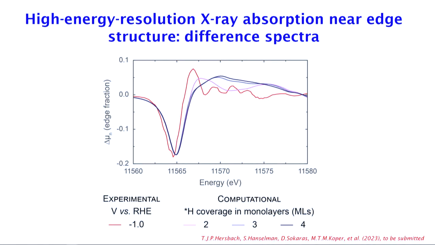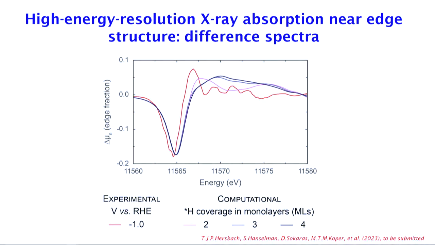And the spectra that he obtains, he can now compare to theoretically calculated XANES spectra of the platinum L3 edge. And I just wanted to show you here the different spectra that we calculate. So this is a spectrum with respect to a surface that does not contain any hydrogen. And you see here the calculated spectra for 1, 2, and 3 monolayers of hydrogen with the observed spectrum at -1 volt.